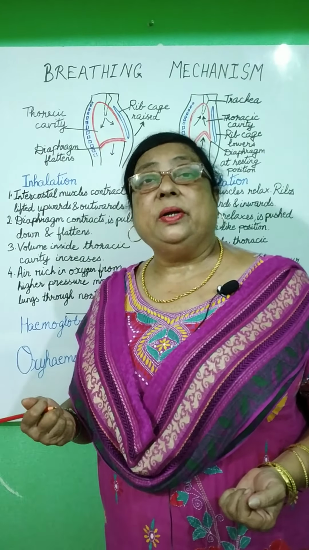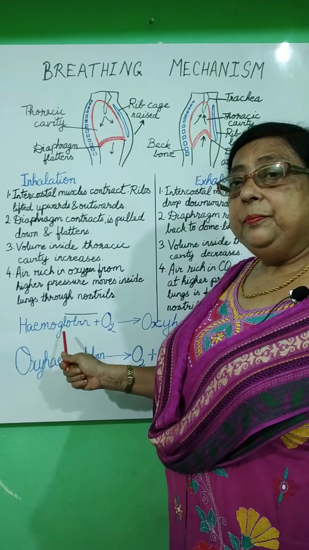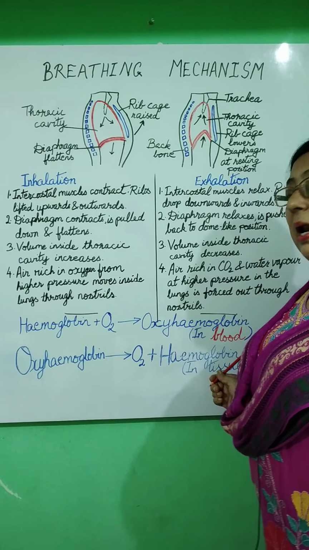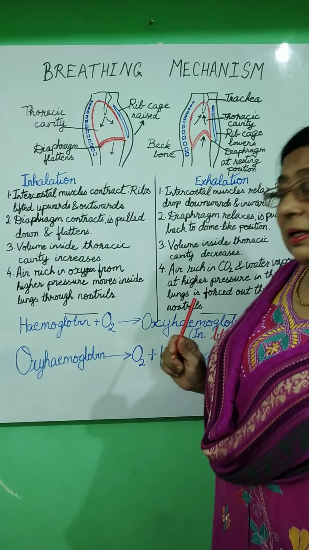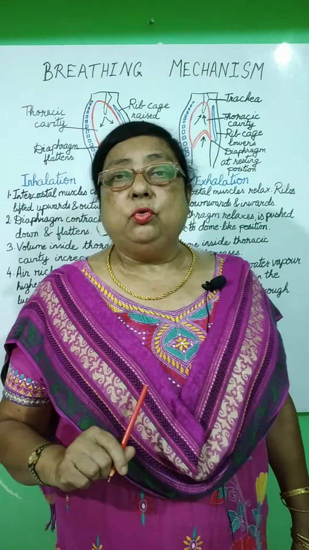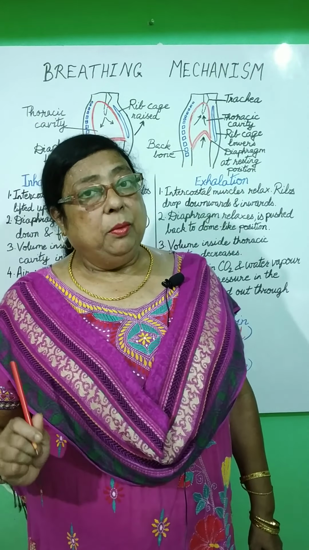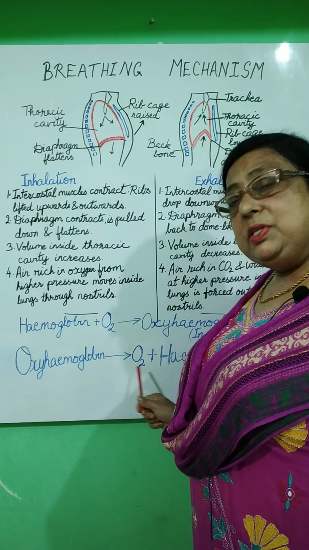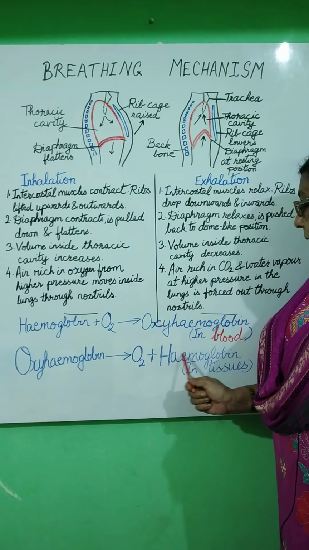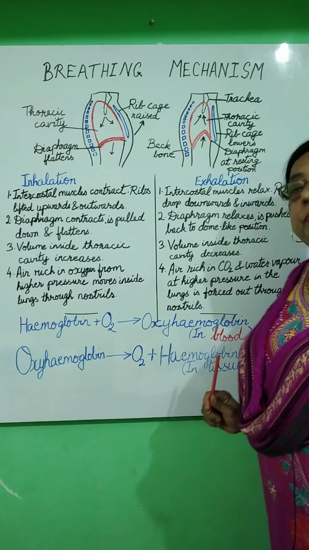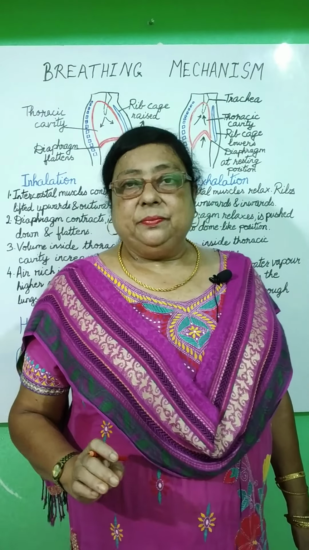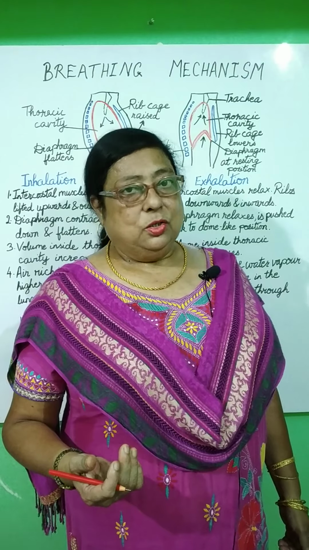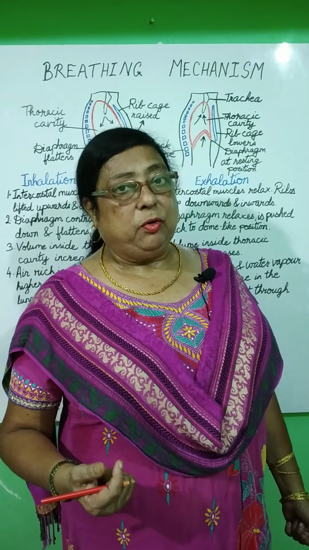It combines with oxygen to form oxyhemoglobin in our blood, and the oxygen is delivered to various organs of our body. The oxyhemoglobin gives away the oxygen and hemoglobin is restored in the RBCs. Again the same process is carried on. So this is one of the very important functions of our blood.